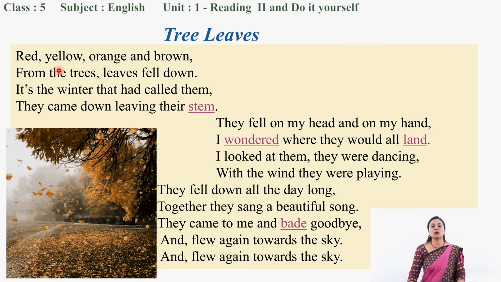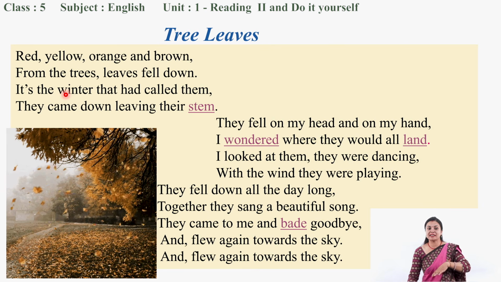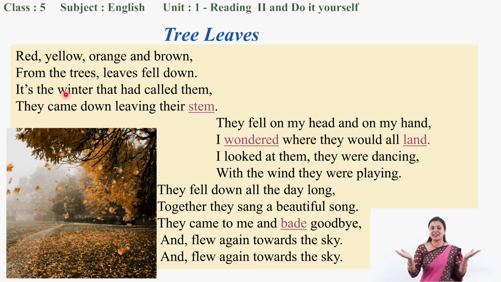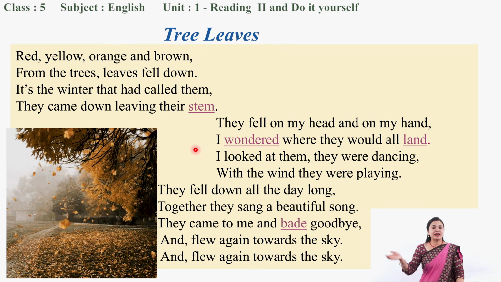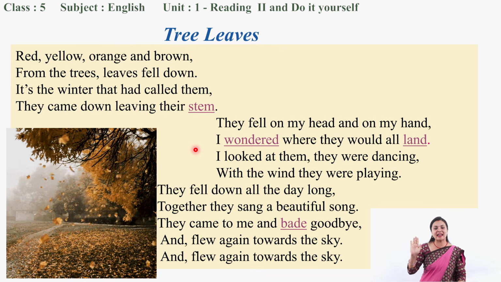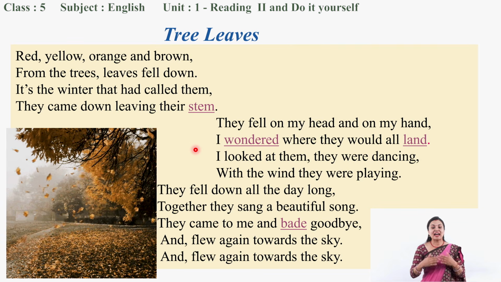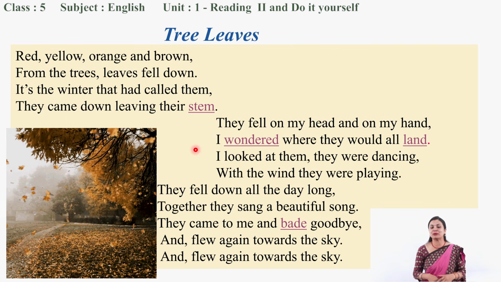Red, yellow, orange and brown, from the trees leaves fell down. It's the winter that had called them. They came down, leaving their stem. They fell on my head, on my hand. I wondered where they would all land. I looked at them, they were dancing with the wind.